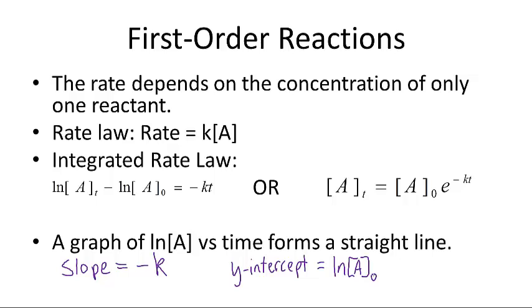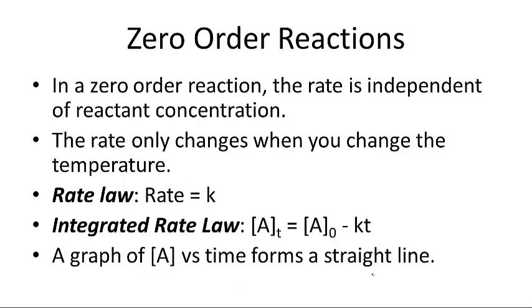For this, we really need to know concentration. We need lots of data points, because then we need to plot them and see if they make a straight line or not.